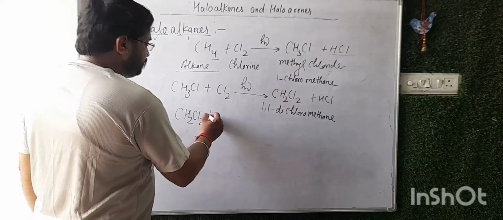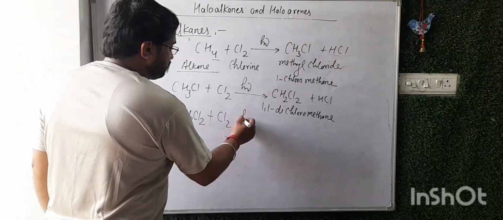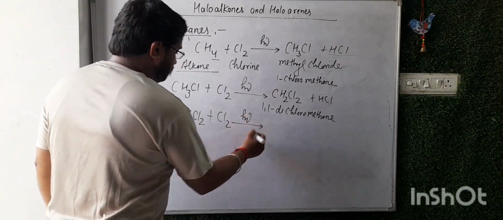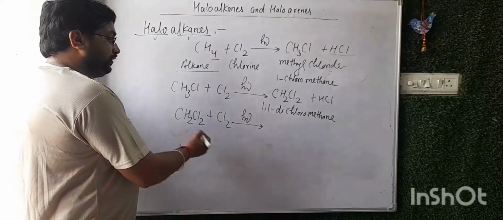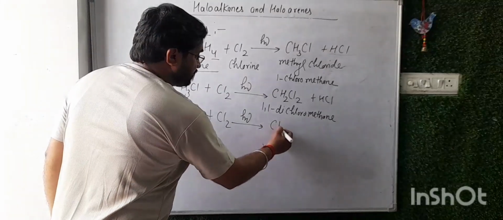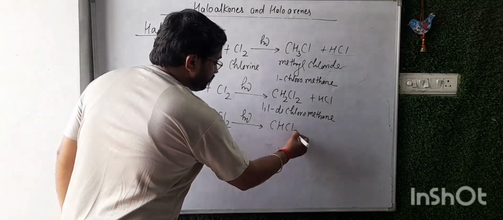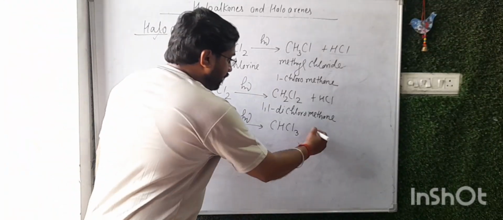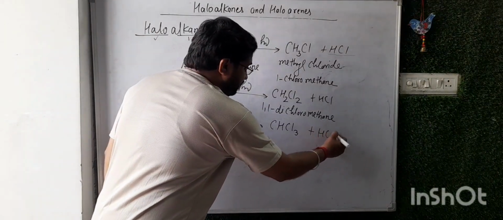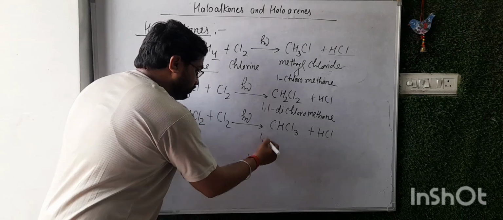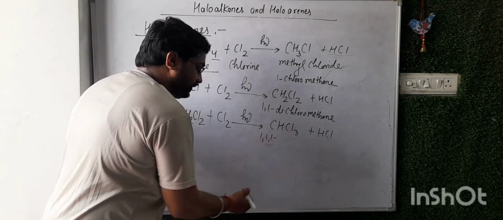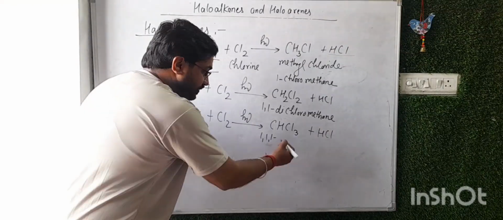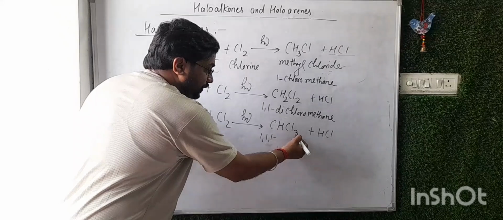Again this dichloromethane reacts with the chlorine molecule, substitution happens again, and one more hydrogen now gets substituted. There is a formation of trichloromethane, and what is the IUPAC name? The IUPAC name is 1,1,1 and the hyphen. Here how many chlorines? 3.